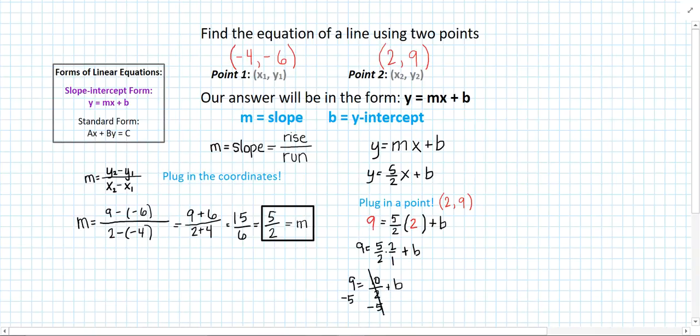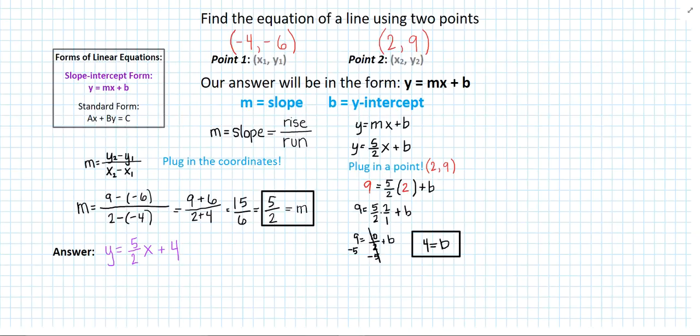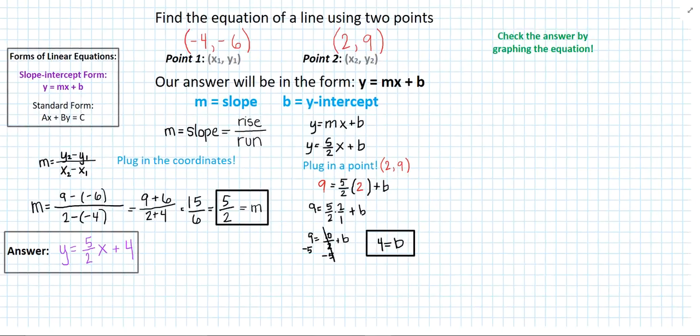That cancels since 5 minus 5 is 0. And then on this side, 9 minus 5 equals 4. And all we're left with on this side of the equation is B. So we found that B equals 4. So the answer is y equals 5 over 2x plus 4.